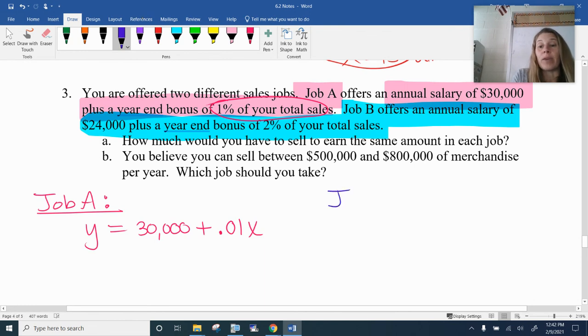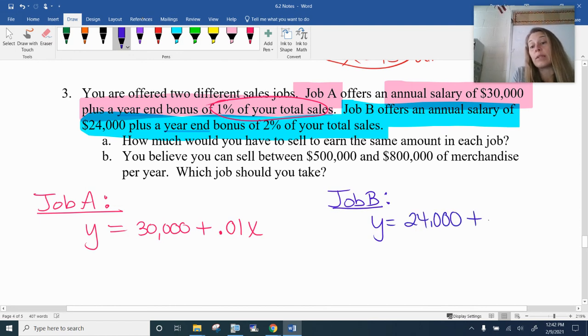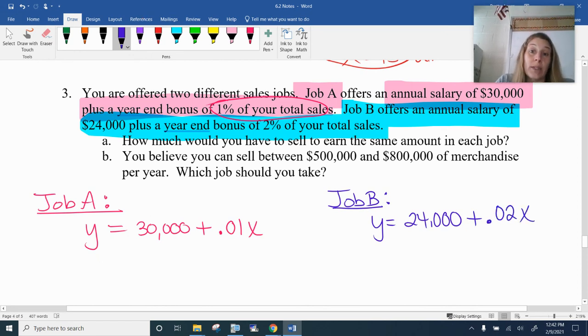Now for job B, y equals, this time it's only $24,000 for your base salary, plus this time it's 0.02x because your bonus is 2% of your sales, which is your commission.